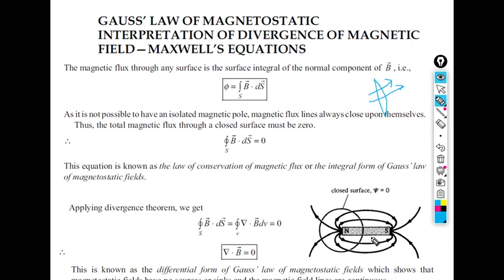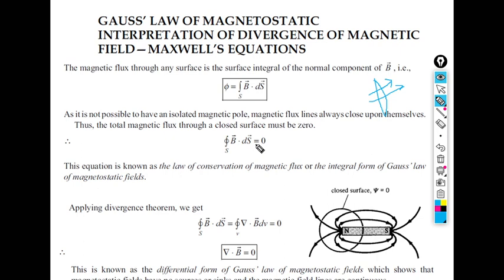Or if I take a current carrying conductor, the flux flowing around it makes a closed path. So the closed surface integral of B dot ds is equal to 0. The total magnetic flux through a closed surface must be 0.